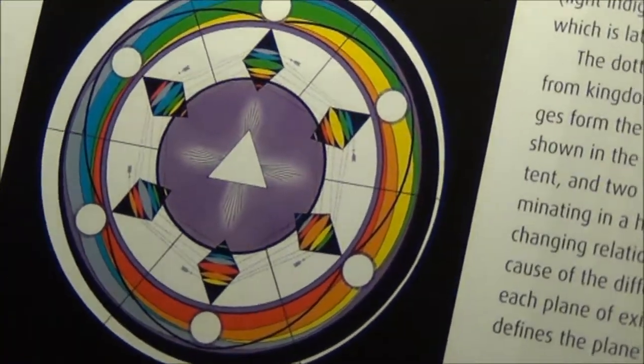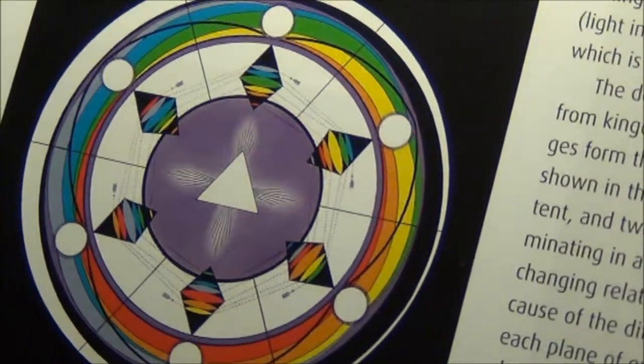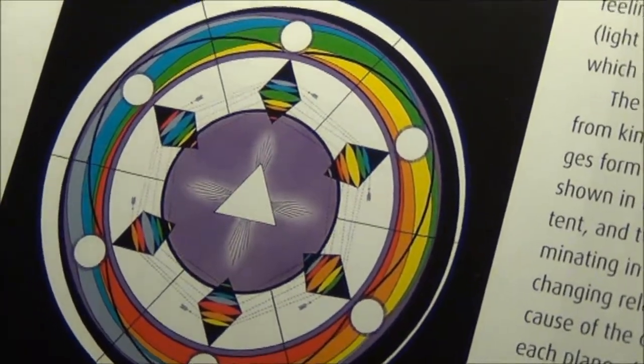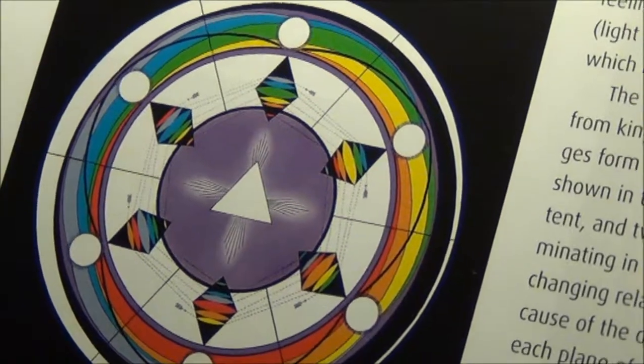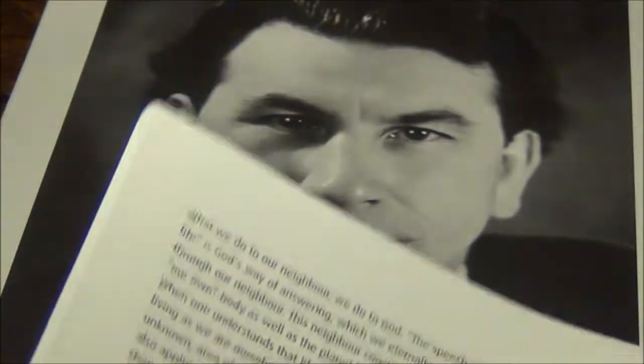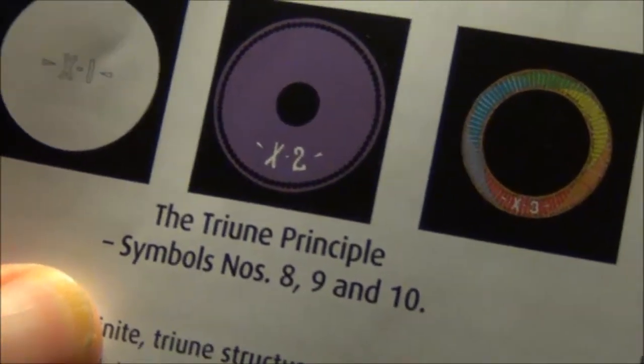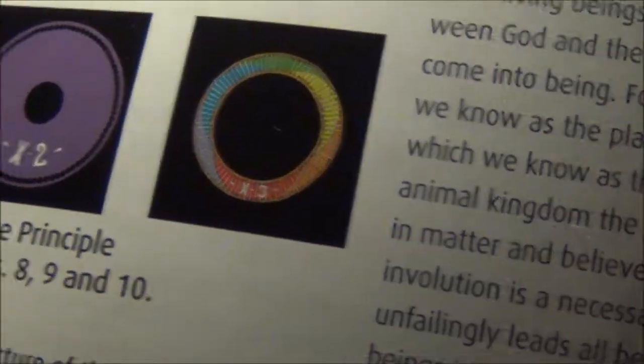The white triangle in the center once again symbolizes the eternal nameless something, God's I, X1. We learned in the other video that X1, the triune principle, symbols number 8, 9 and 10, X1, X2 and X3.